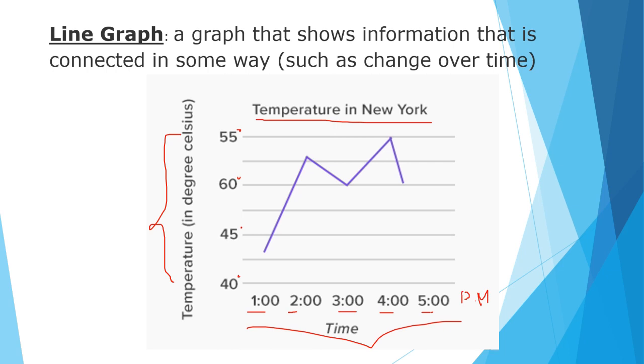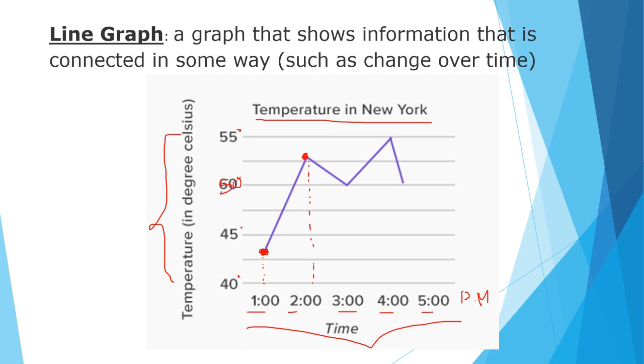Okay. So at 1, let's say around 43 degrees Celsius. And then at 2 o'clock, around, let's say this is 60, okay, I'm sorry, this should be 50 too.